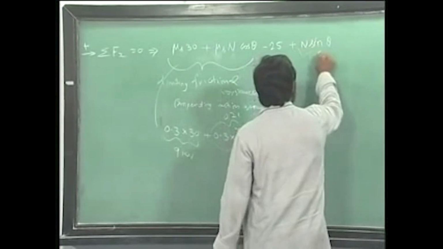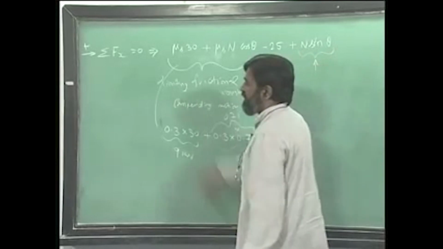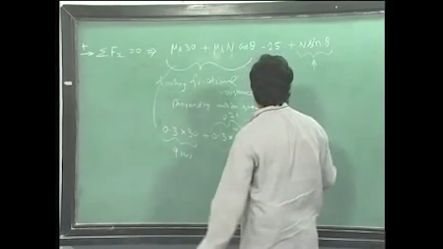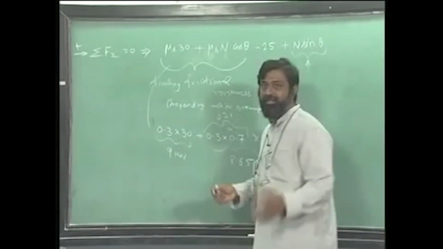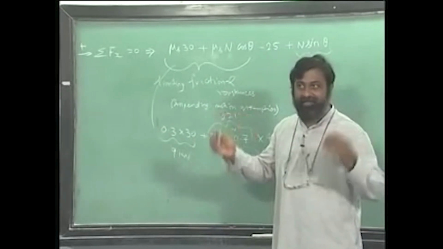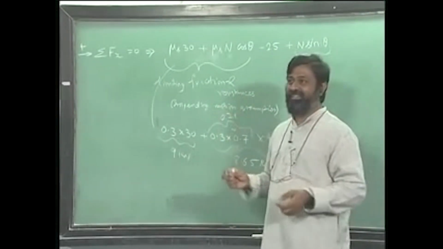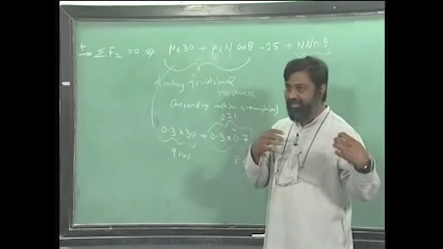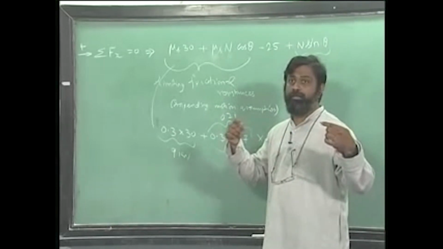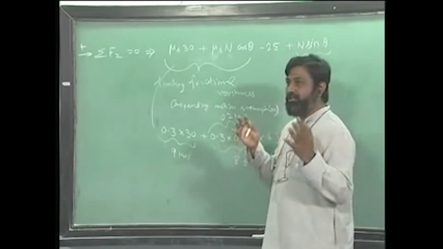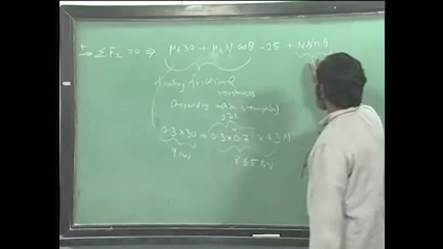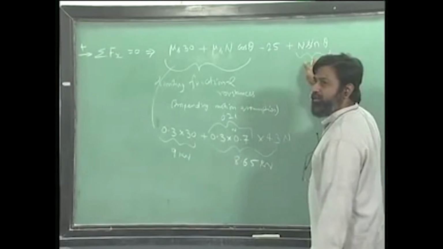okay, and this is due to the weight that is coming onto it, right, this is due to the weight effect. So I am separating them, one is the weight effect, the other is frictional effect. Of course I cannot separate the two directly, but just to get an idea, okay. What is the rough value of this?